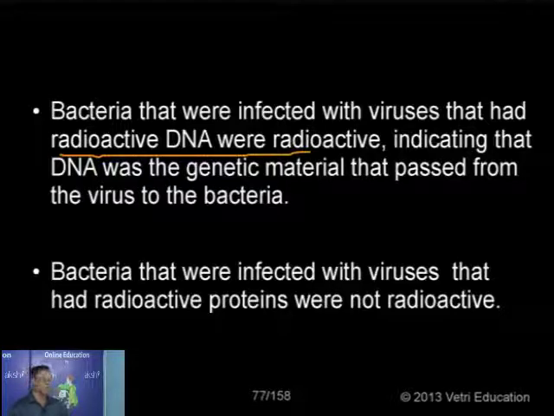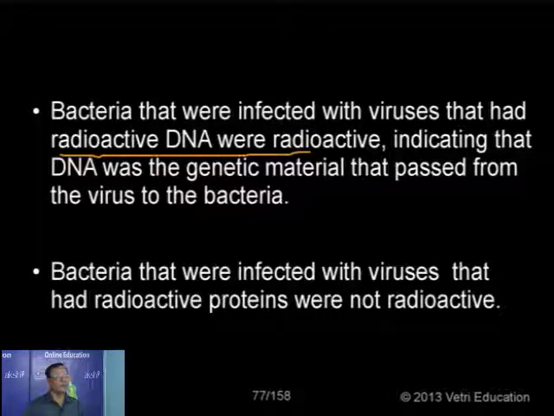And second, the bacteria that were infected with the viruses that had radioactive proteins were not radioactive. The bacteria that were grown along with the viruses that had radioactive protein were not radioactive.